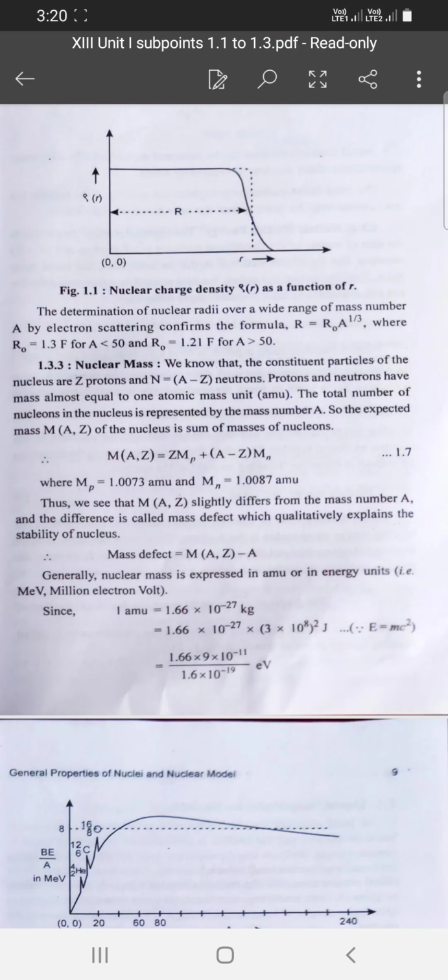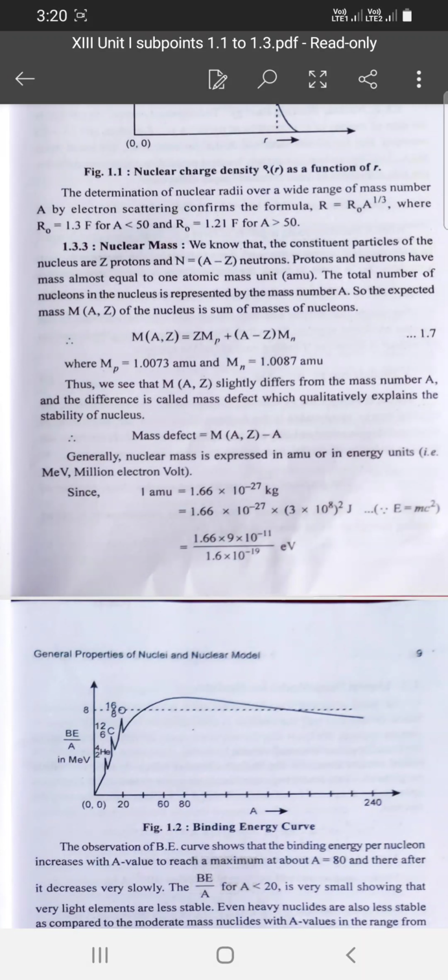So the expected mass M(A, Z), where A is the mass number and Z is the atomic number of the nucleus, is the sum of the masses of nucleons, expressed by equation number 7, whereas the mass of the proton is 1.0073 AMU and the mass of the neutron is 1.0087 atomic mass unit.